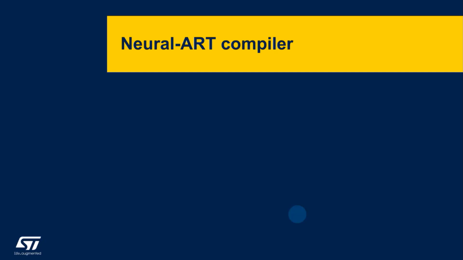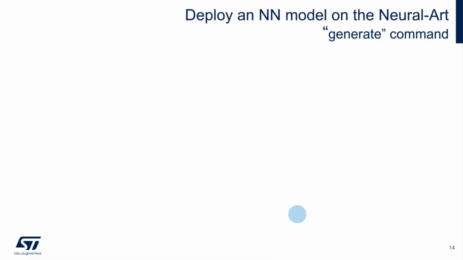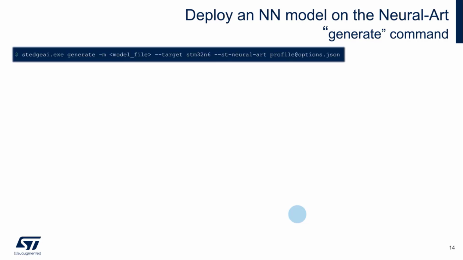So I've been talking a lot about the compiler and the pre-processing of a given neural network. So let's go deeper now into this topic. For practical reasons and better understanding, we will consider the command line version of the tool. The tool is called the ST Edge AI tool. So this is how you call it.